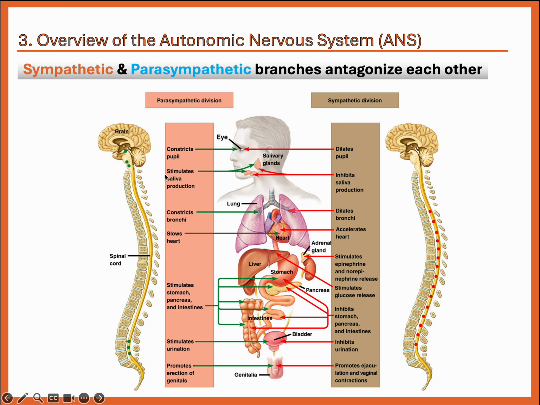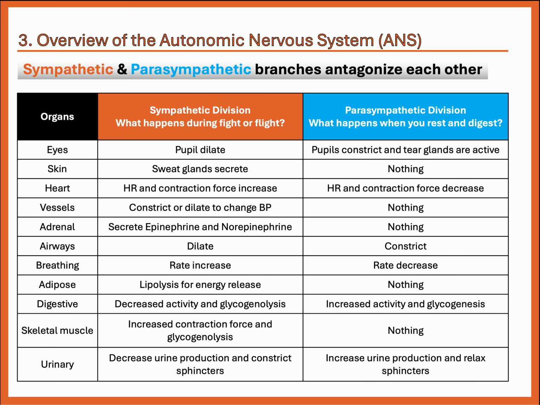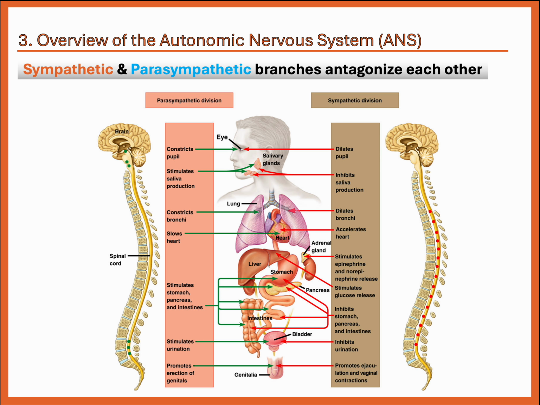Some neurons go out to the salivary glands, other neurons, right, and tell the salivary glands to make saliva. Both neurons are constantly firing, but when you're stressed, these neurons fire faster and win over the signal. And when you're resting, these neurons, parasympathetic, they fire faster and win over, okay? So that's the antagonizing effect that we see.